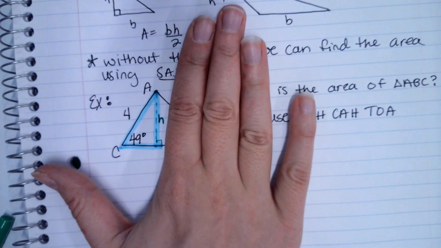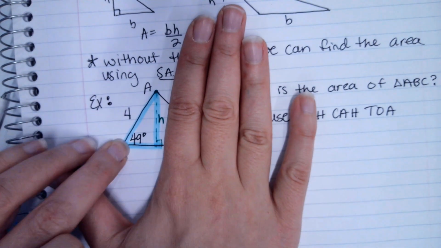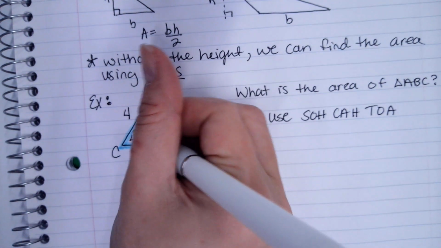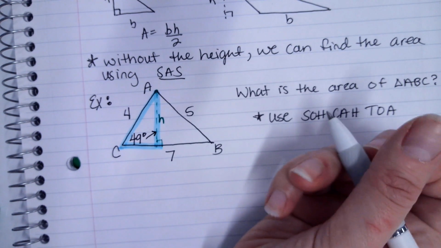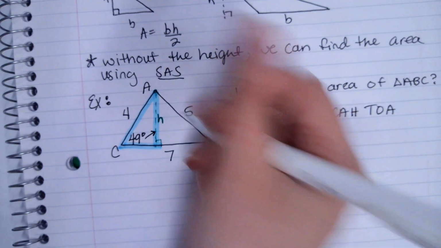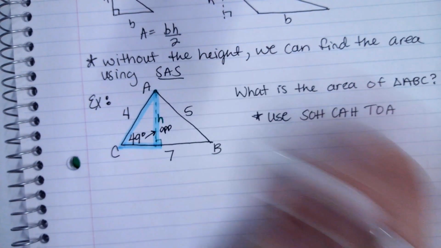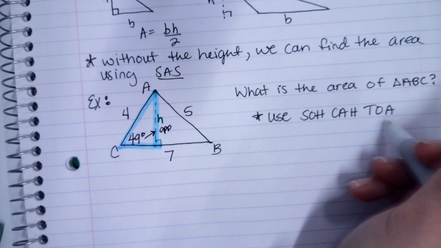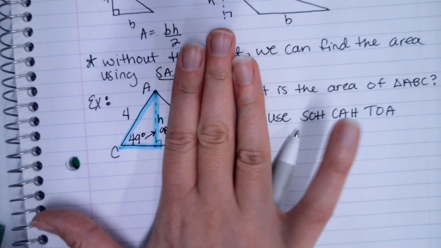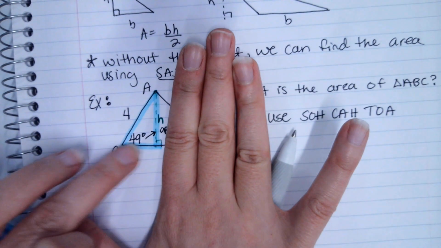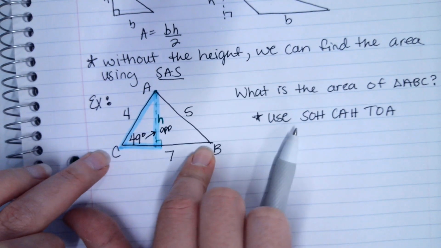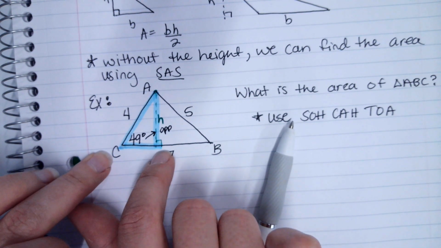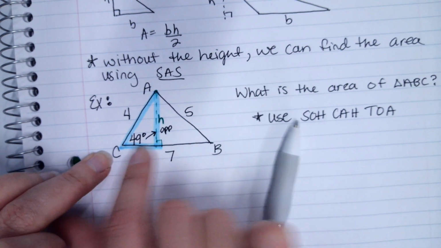So let's go ahead and label what I do have. I'm using angle 49, so across from 49, I'm looking for the opposite. So I have to have either sine or tangent. I don't have this value right here. I have the whole side, CB, but this is only CD. This is not the entire length.